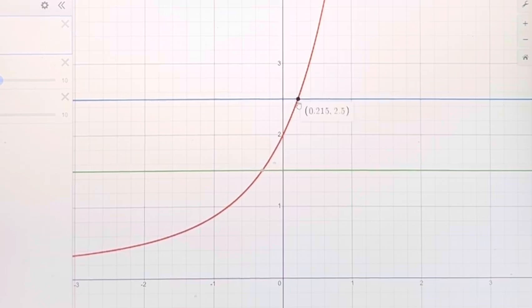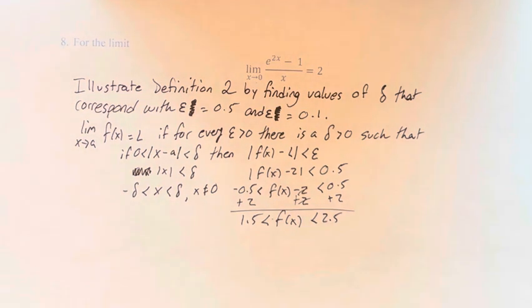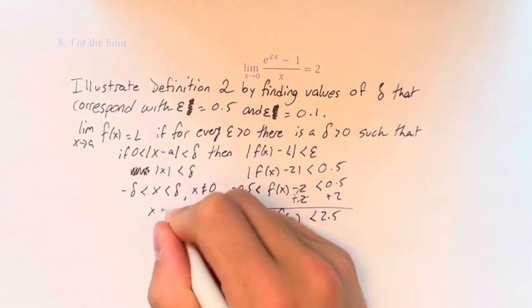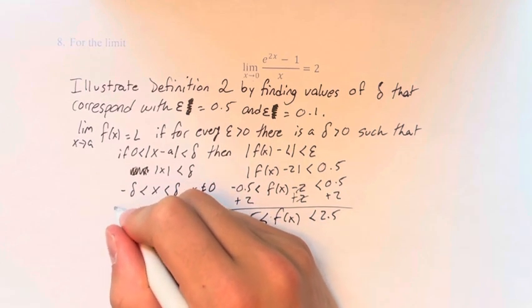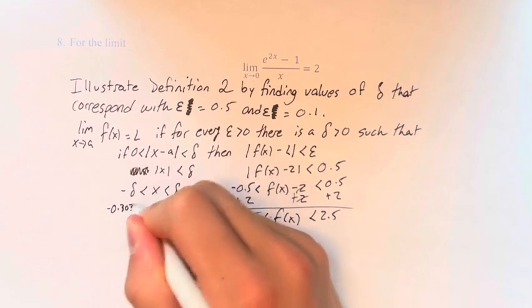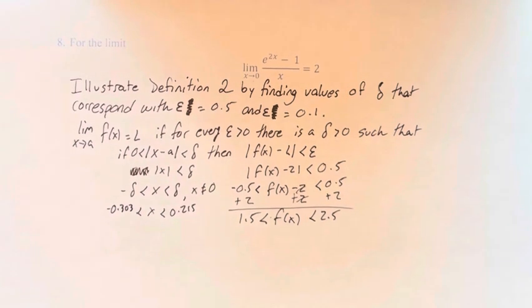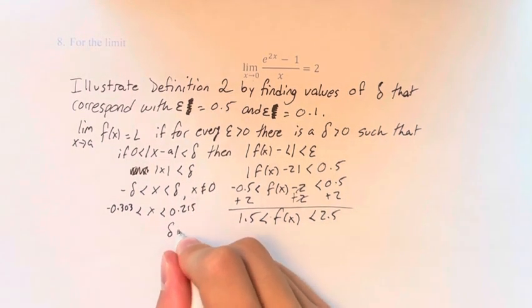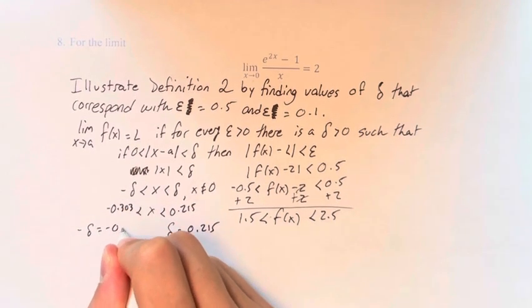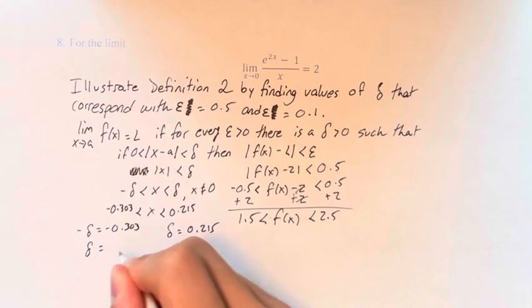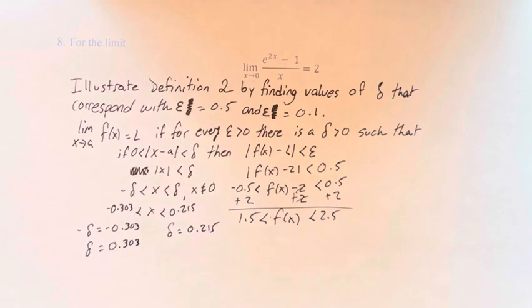Here that is an x value of 0.215, and here it's an x value of negative 0.303. So to stay within this range, x has to be between negative 0.303 and 0.215. So either delta is equal to 0.215 or negative delta is equal to negative 0.303, meaning delta is equal to positive 0.303.